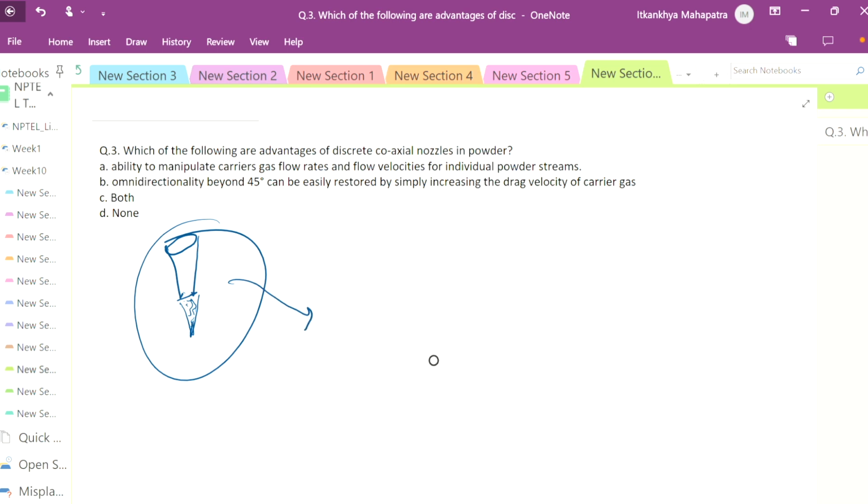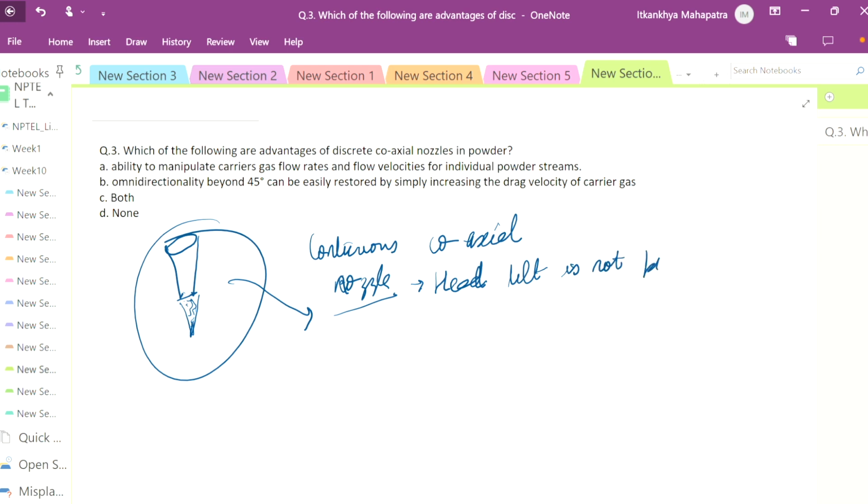In the continuous coaxial nozzle, head tilt is not possible. And we also know that the continuous coaxial nozzle is non-omnidirectional.